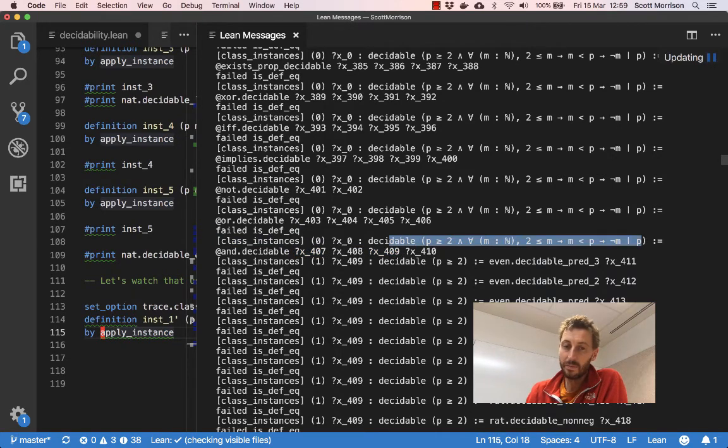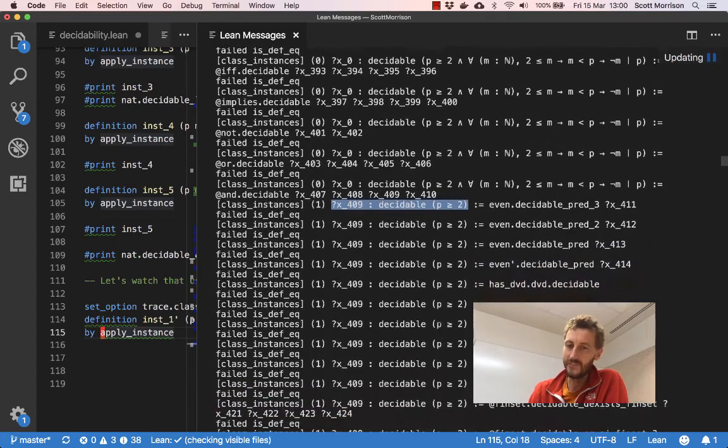But then it works out, well, if and.decidable with some arguments is going to produce this, x 409 is going to have to be a decidability instance for p is greater than or equal to 2. And that's what's going on here. We're trying to solve the type class problem. Can I find some value of x 409 that gives me an instance of decidable p greater than 2? And so it goes off.